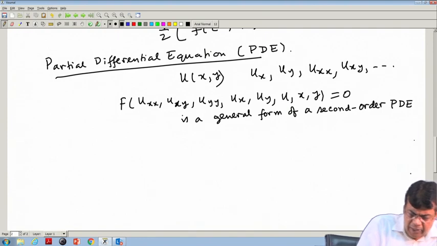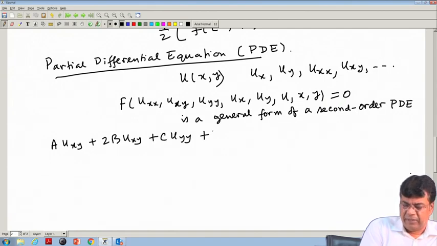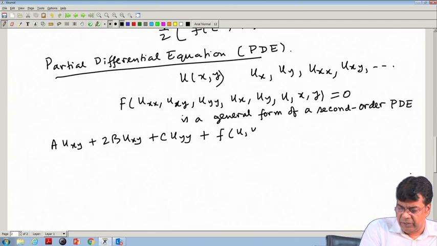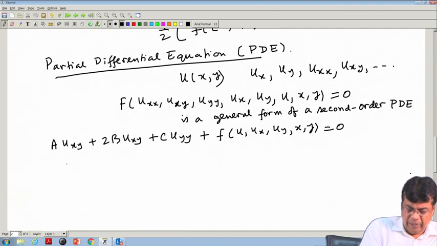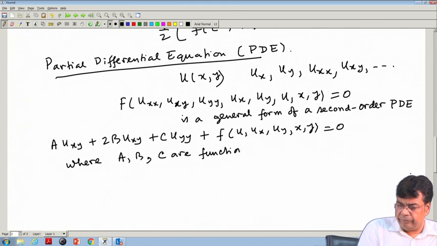Now, consider a PDE given by a uxx plus 2b uxy plus c uyy plus some small f, which contains all the first order terms and u, etc., where a, b, c are functions of x and y, or constants.